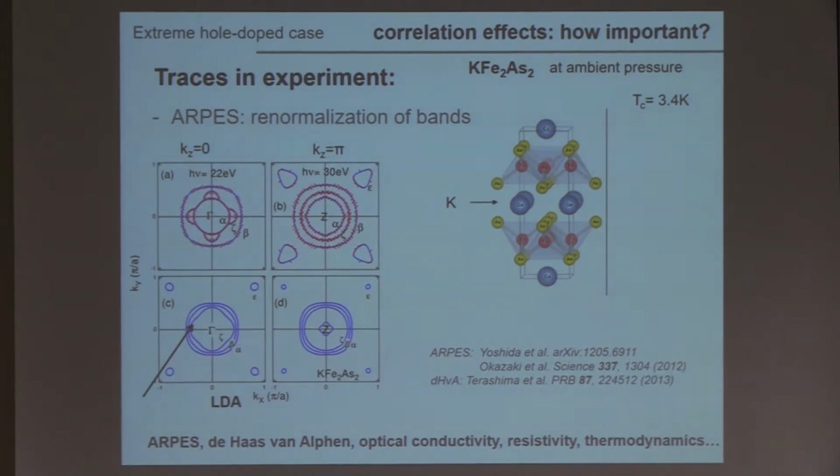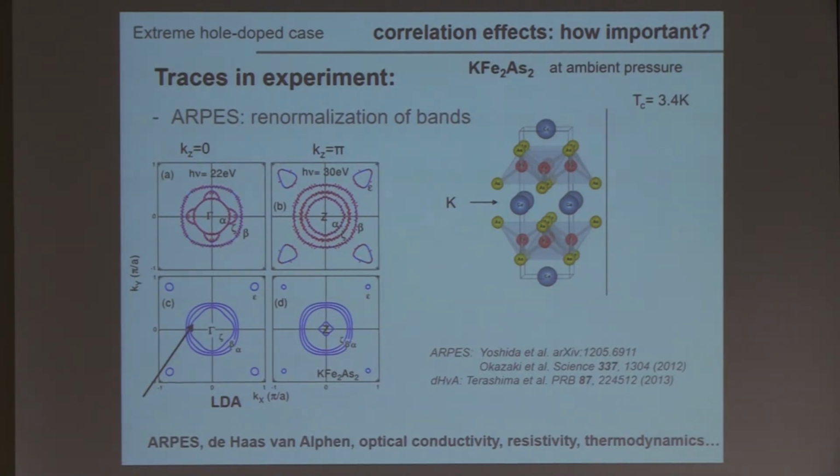Since it's an extreme hole-doped case, it means that in this picture that I was showing you for the Fermi surfaces, I'm losing the electron pockets at M, and the system only has hole pockets. Now these are the ARPES measurements at k equals 0 and at k equals pi. And this is a DFT calculation with LDA. And one observes that LDA is not enough to explain the topology of this Fermi surface.